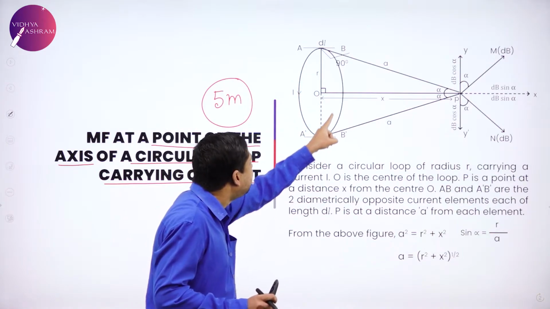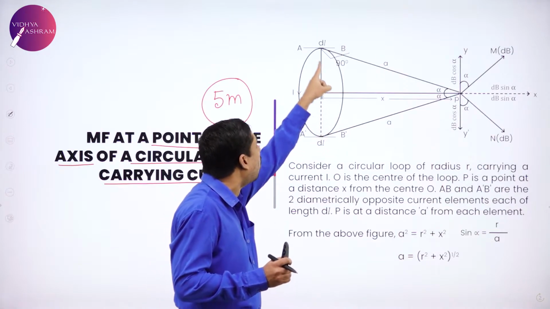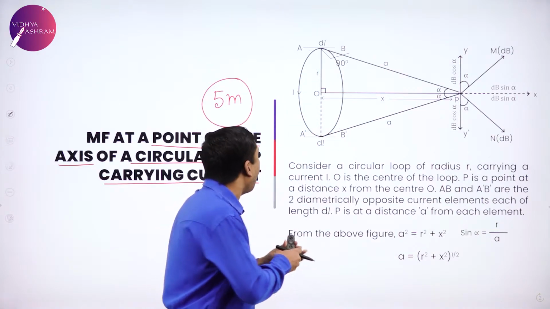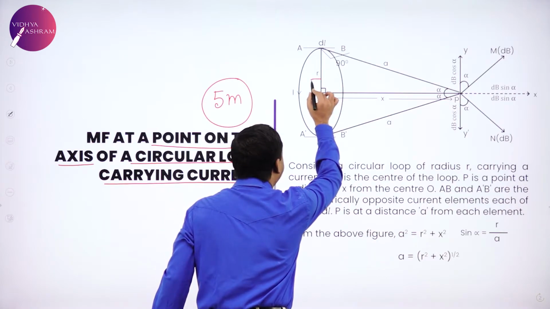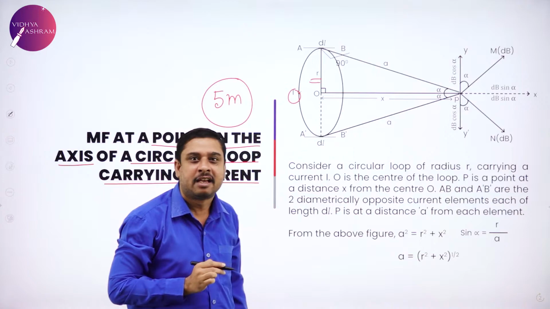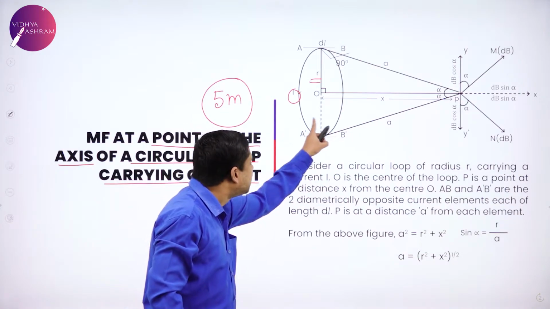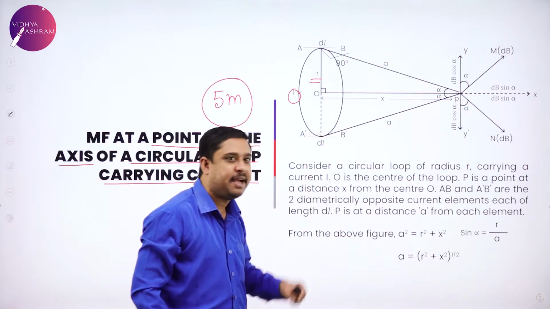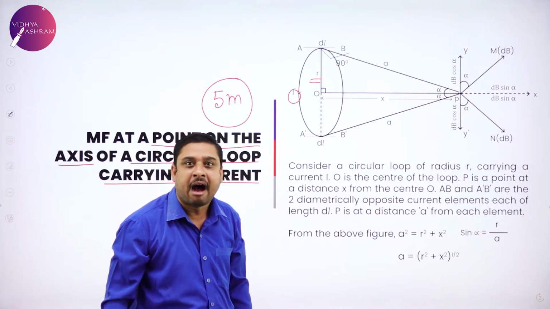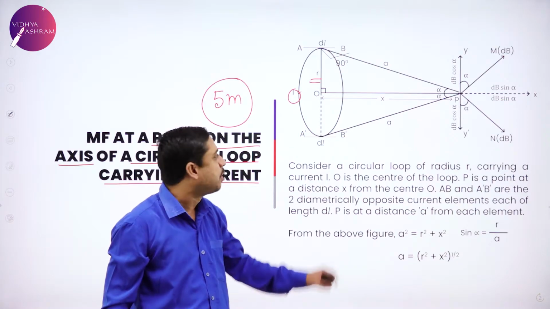I will consider a circular loop of radius r carrying a current I. There is a circular loop. I call this a circular conductor.